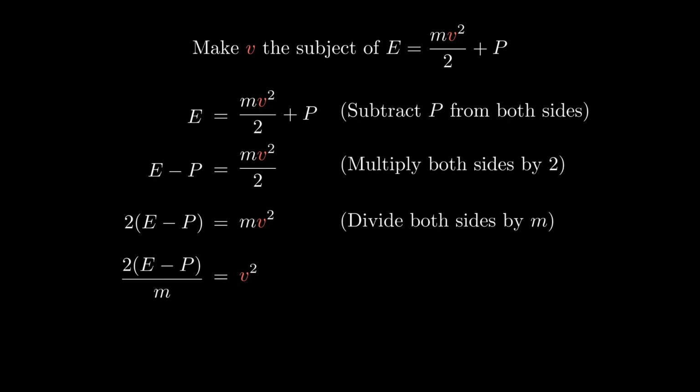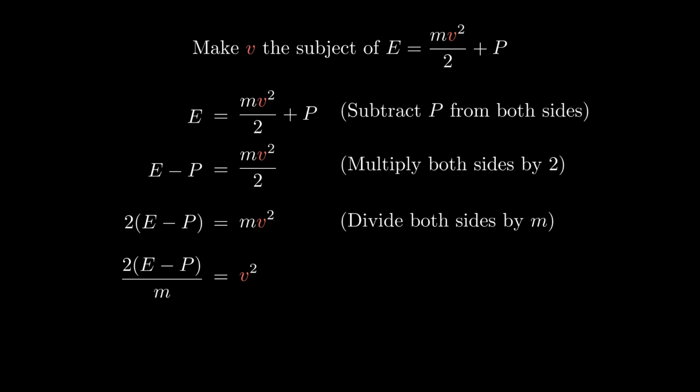Now I've got one more step, which is to undo the square. Now we've got to be careful when we do this because squaring's a bit of a tricky thing, right? 5 squared is 25, but negative 5 squared is also 25, right? Because when a negative gets multiplied by itself, it goes positive. So actually there's going to be 2 options for this v. It could either be positive or negative, and both of them work.